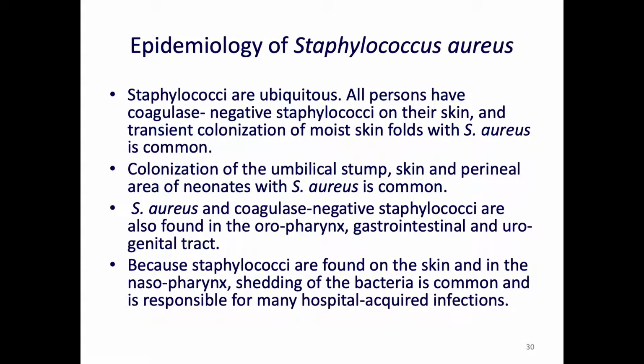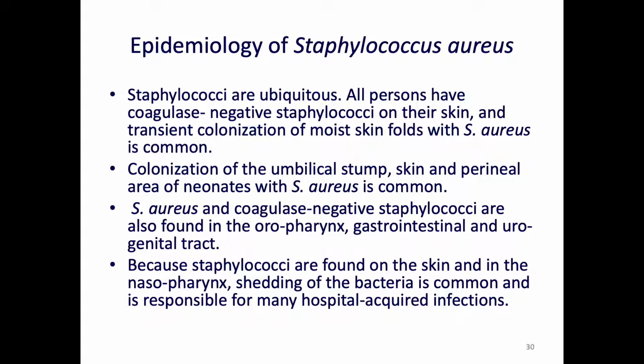Now about the epidemiology of Staphylococcus aureus. Staphylococci are everywhere, ubiquitous. All persons carry coagulase-negative staphylococci on their skin, and there is also transient colonization of the moist skin folds with Staphylococcus. It is very common.